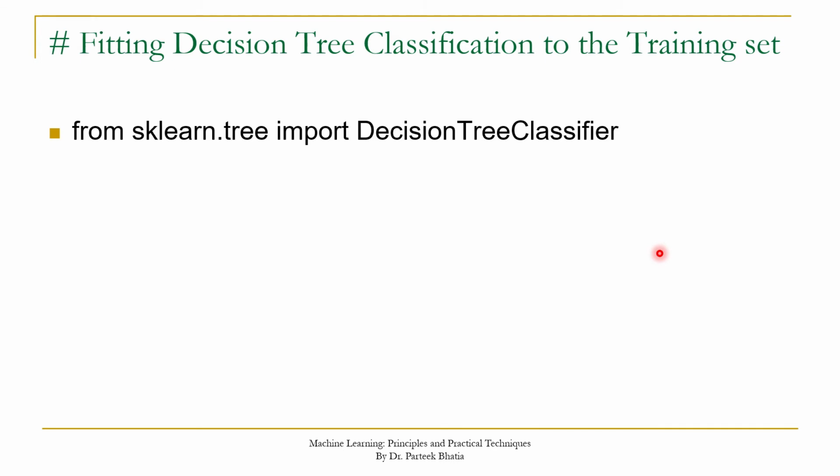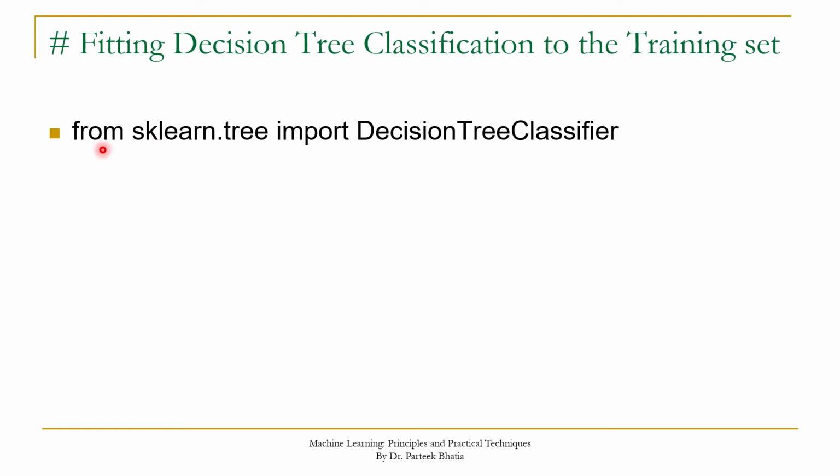In order to build decision tree classifier, we have to import decision tree classifier class from sklearn.tree sublibrary. This decision tree classifier has fit and predict method. So we have to import this decision tree classifier from tree sublibrary of sklearn to implement decision tree algorithm.